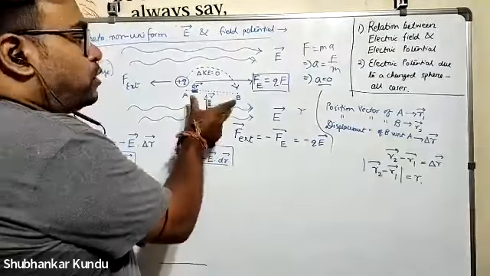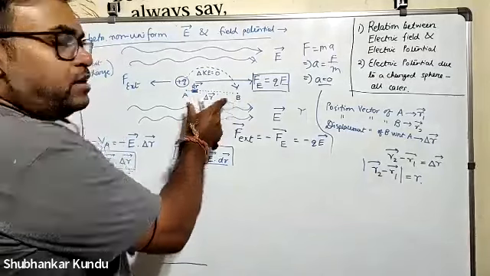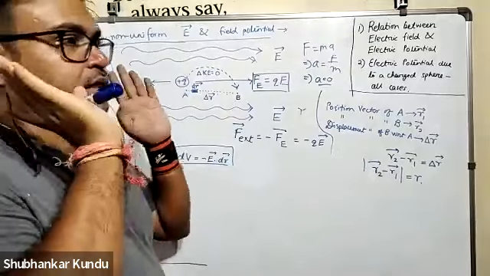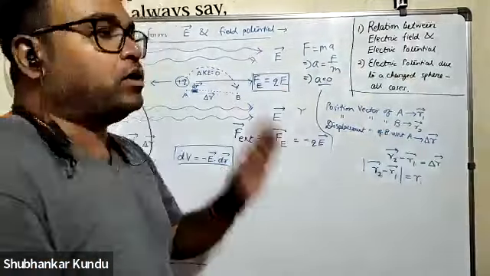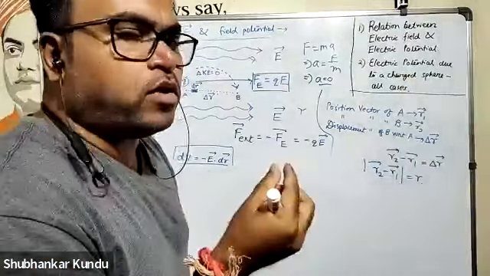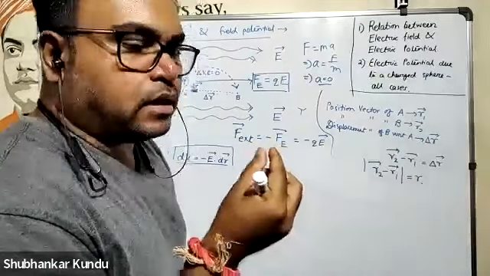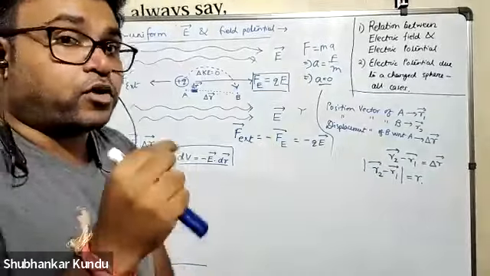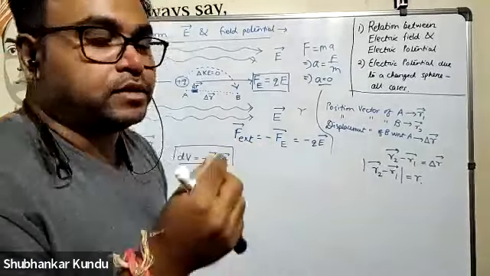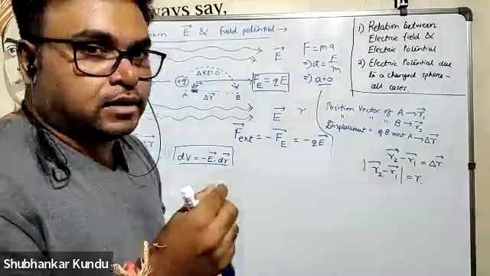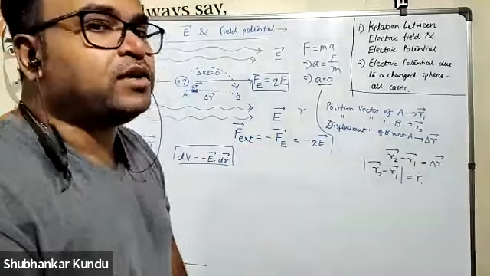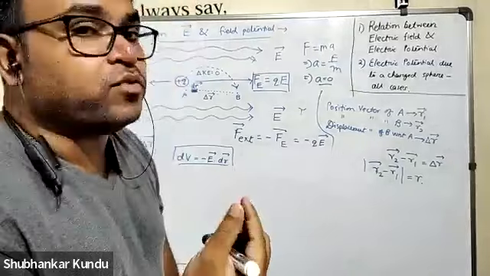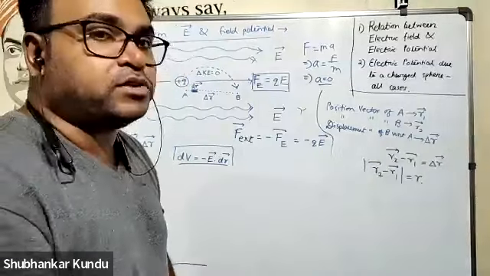So I chose out of this R a very small elementary length dr. The electric field can be non-uniform everywhere, but for a small length, electric field will be uniform only. So for this small dr length, we'll have a small potential difference, and the electric field is uniform.